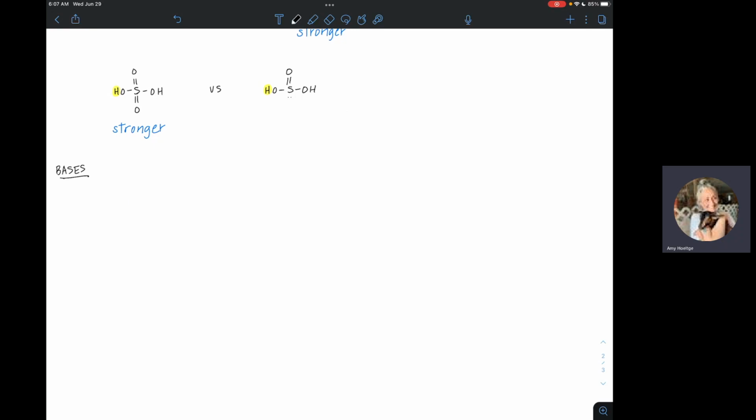So I can do it qualitatively, just like I did with the acids. I'm basically going to be asking myself, what is the definition of a base? And that's going to be an important thing in this class anyway. So the difference between what we're going to call a nucleophile, the thing with electrons that's going to be attacking the thing that's deficient in electrons, and a base, because a base can be used as a nucleophile. So then what is the definition of a base?